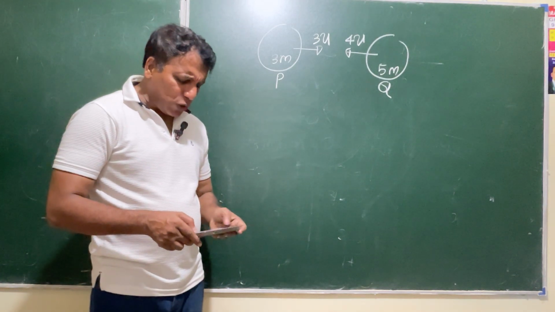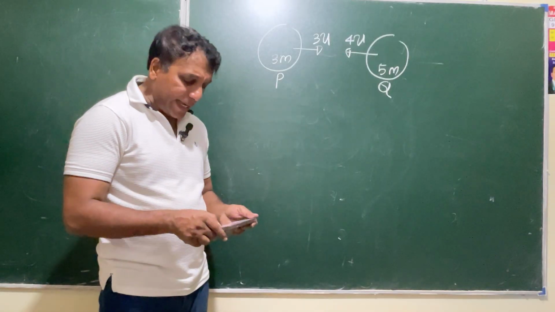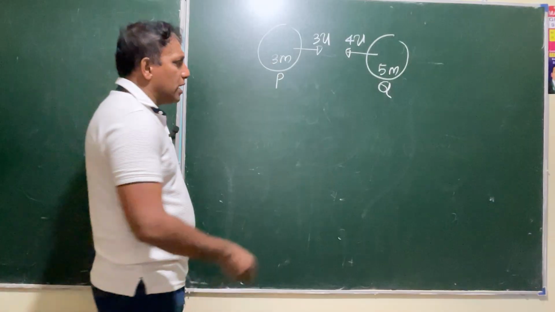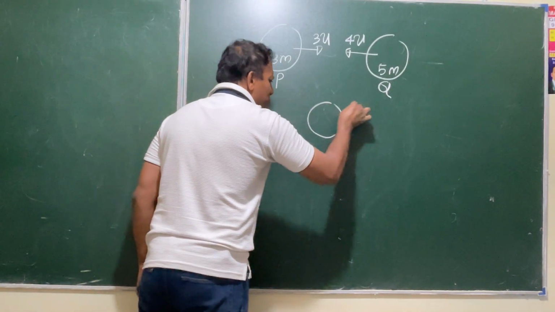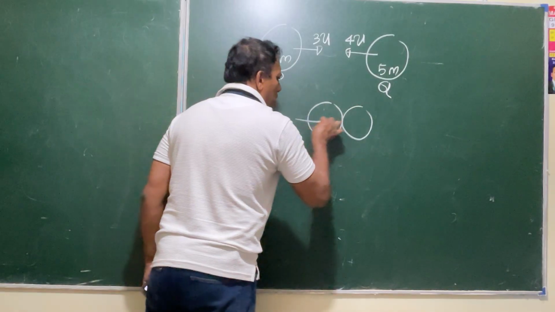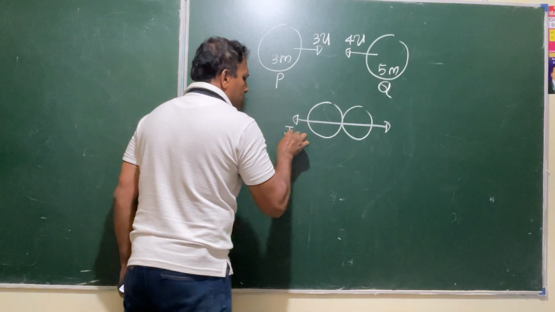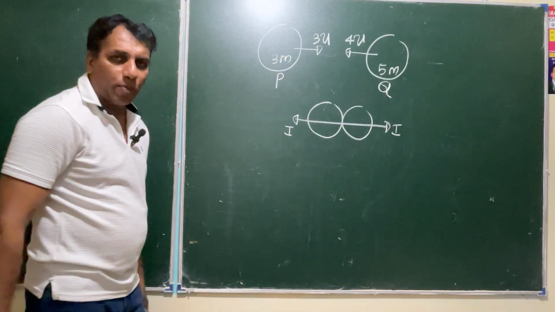The magnitude of the impulse exerted on P by Q is also provided. I show that picture here, this kind of impulse, I say I. If one particle gives the impulse I, the other gets the same, equal and opposite.